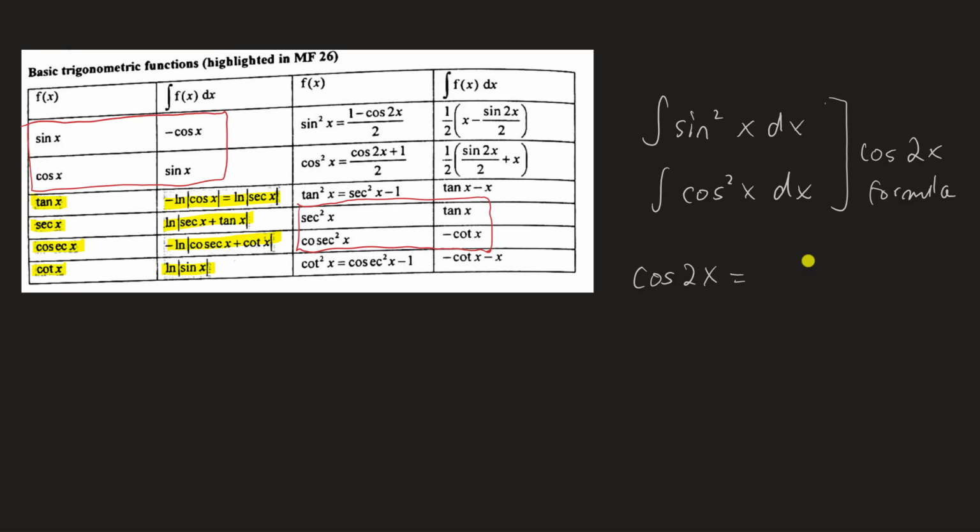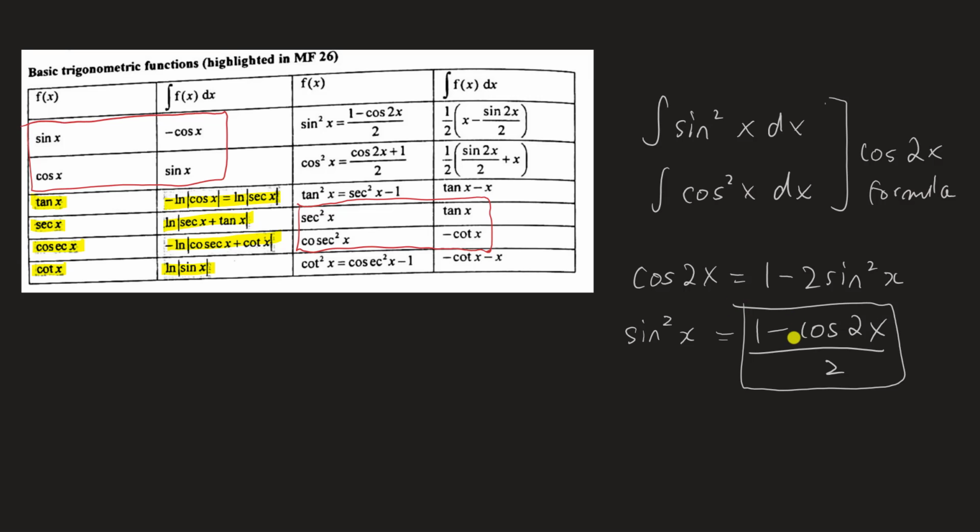So let's say you are asked to integrate sine square x, you will turn this into this. Then make sine square x the subject. In other words, bring this over, you get 2 sine square x equals to 1 minus cos 2x. And then divide both sides by 2 to give you this. Now use this in place of sine square x for easier integration.